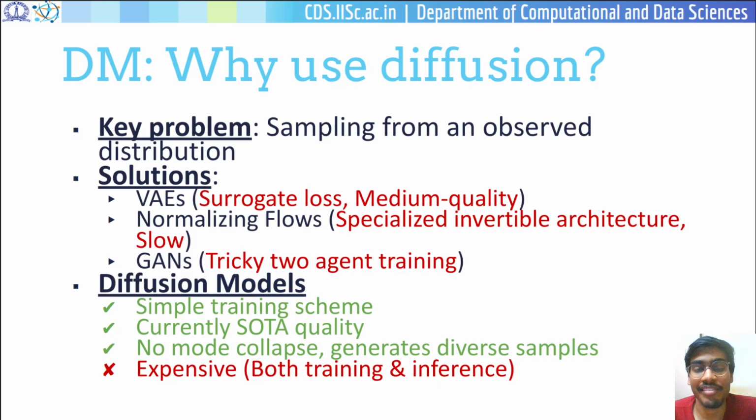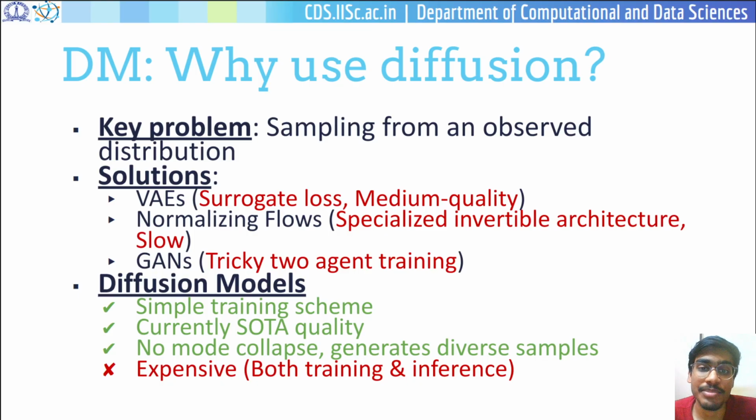So far, there have been many solutions to this problem. For example, variational autoencoders, VAEs in short, normalizing flows, generative adversarial networks, GANs for short. But all of these solutions have certain disadvantages, as highlighted here. Diffusion models are relatively easy to train, and deliver state-of-the-art quality on many problems dealing with generative modeling.